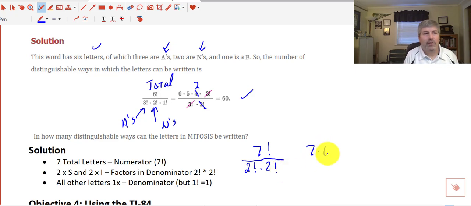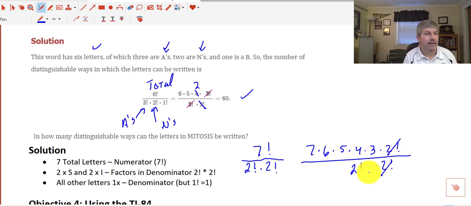We get 7 times 6 times 5 times 4 times 3 times 2 factorial all over 2 factorial times 2 factorial. So at least one of the 2 factorials simplify. And then I can probably simplify something like the 4 and the 2 to 2.